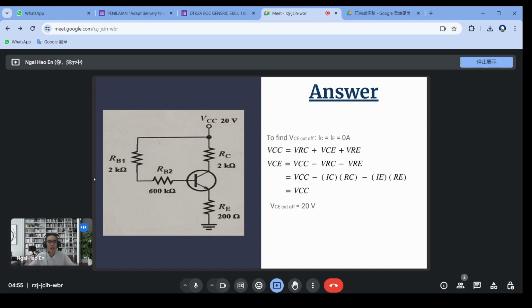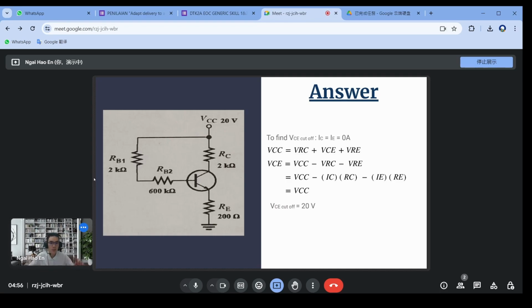Last but not least, we need to find the VCE cutoff. For this, we consider IC equal to IE, and they are both 0 ampere. We take the output equation of this circuit, VCC equal to VRC plus VCE plus VRE. To make it clearer, I write one more equation, that is VCE is equal to VCC minus VRC minus VRE.